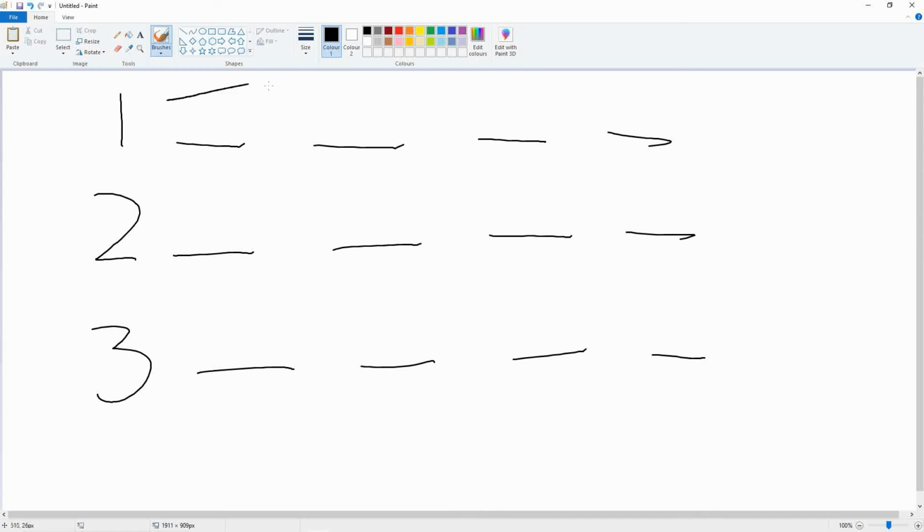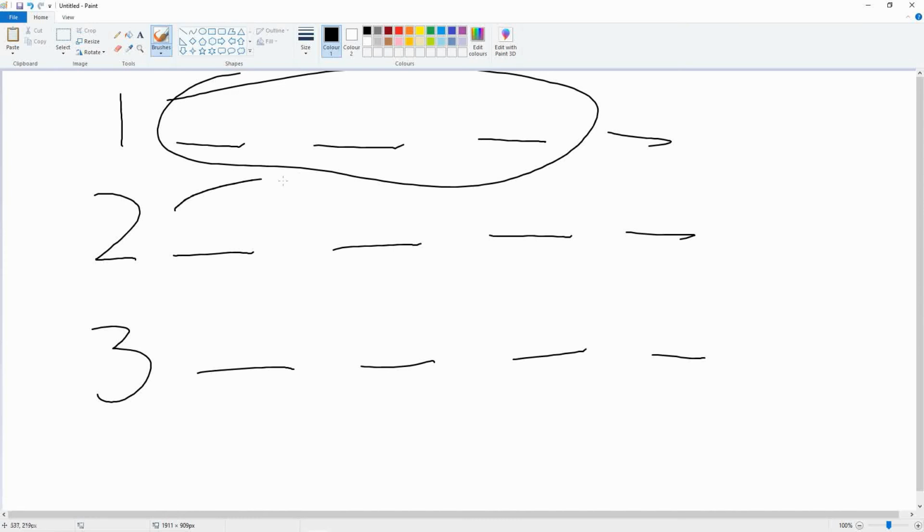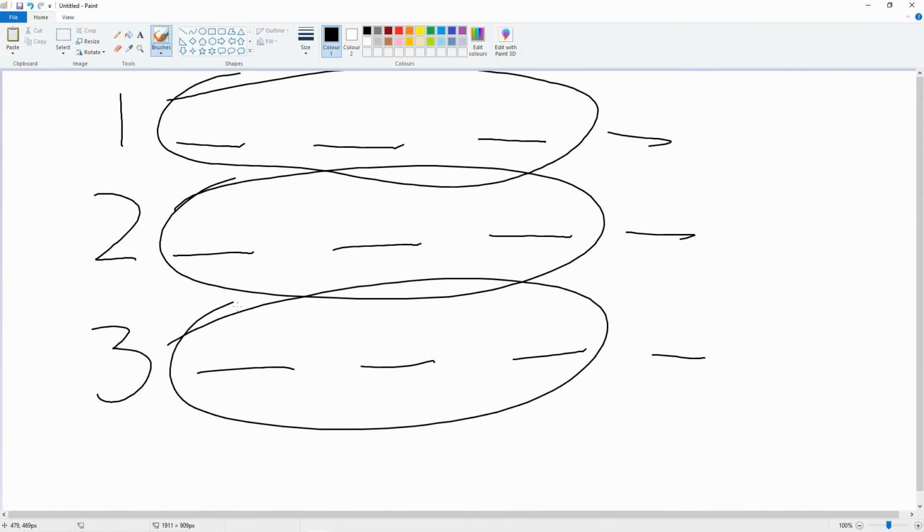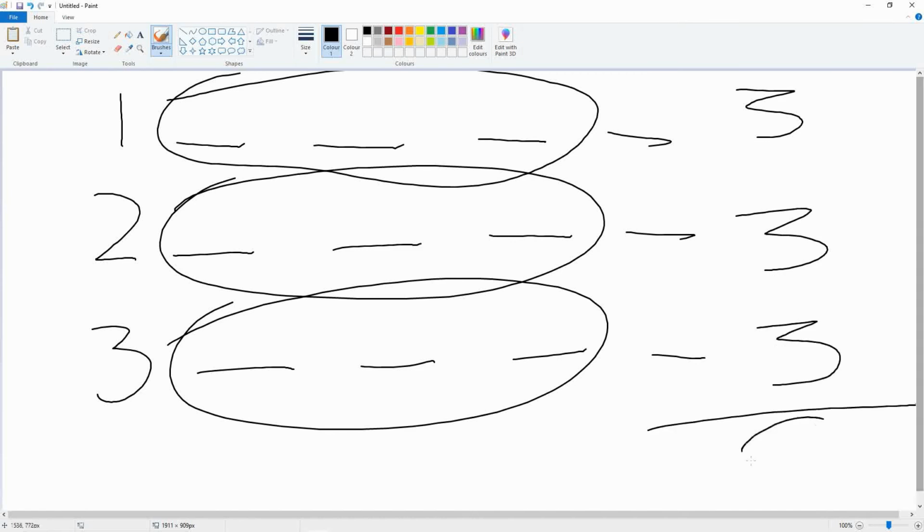I would know that for group 1, 3 people could have any score they like. For group 2, 3 people could have any score they like. And for group 3, 3 people could have any score they like without affecting that group's mean. So that means each group has 3 degrees of freedom. So across my 3 groups, there are 9 degrees of freedom.